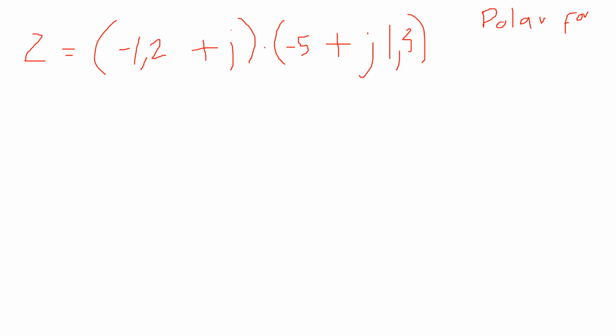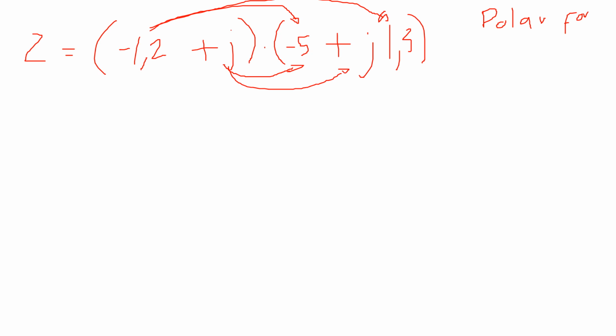Okay. So what you do when you are multiplying complex numbers is that you treat them as, for example, binomials. I don't know if you remember when you were multiplying numbers inside the brackets. What you have to do is that your first term will multiply with all the terms in the other bracket, and then the second term will also multiply with all the terms in the other bracket.